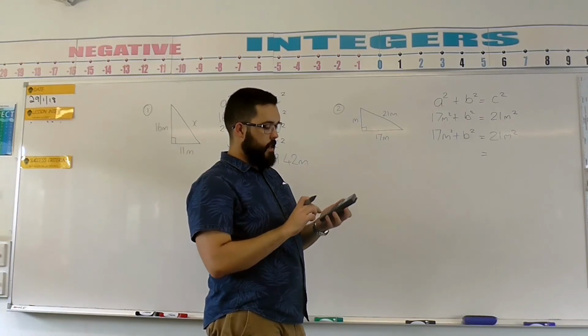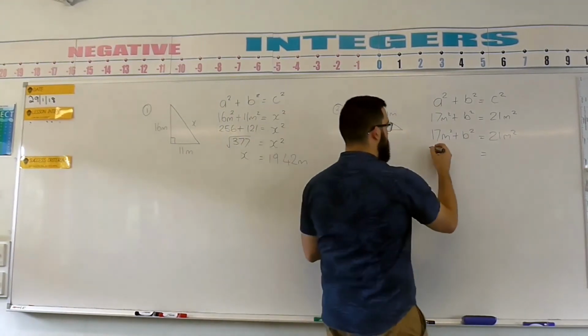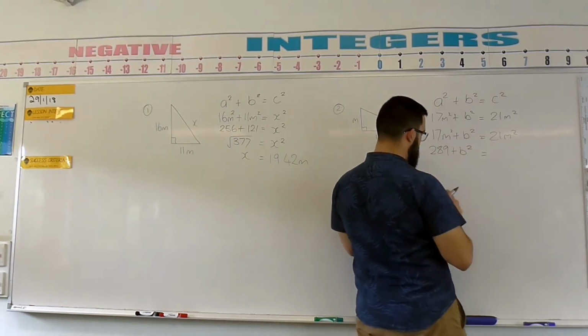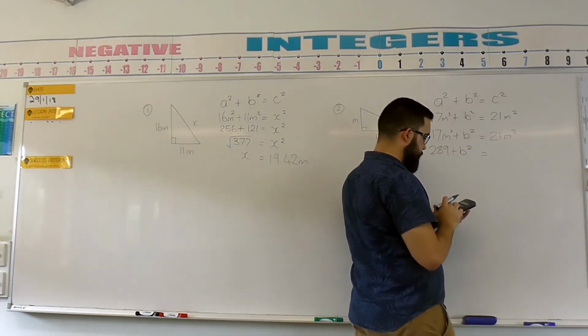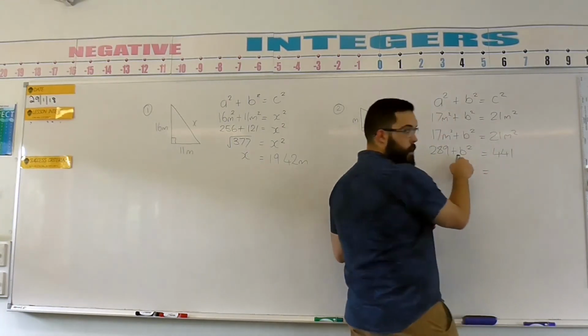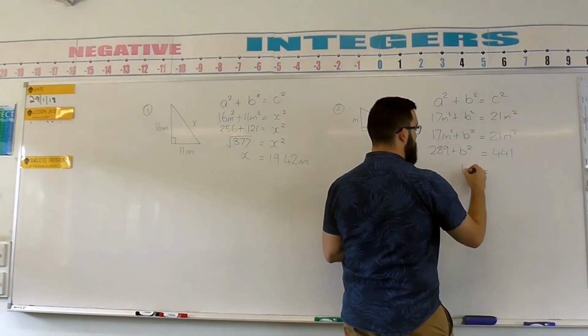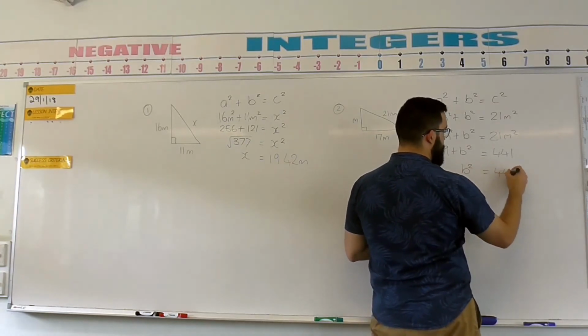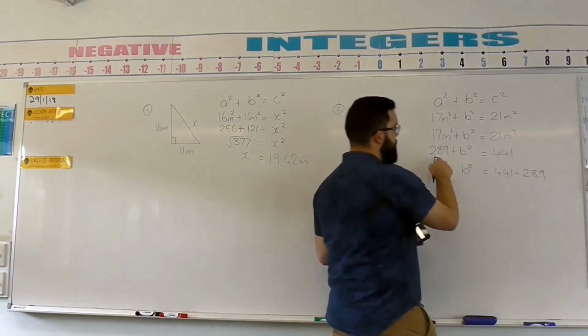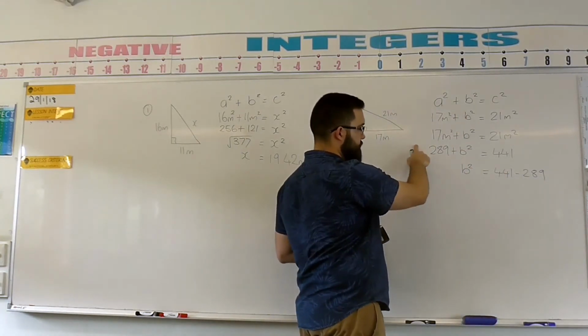Let's take this over to the other side, but after we square them out. So I've got 17 squared is 289 plus b squared, and we have 21 squared, which is 441. I want to isolate b. So that will end up being b squared is 441 minus 289. To get rid of positive 289, we minus it from this side.